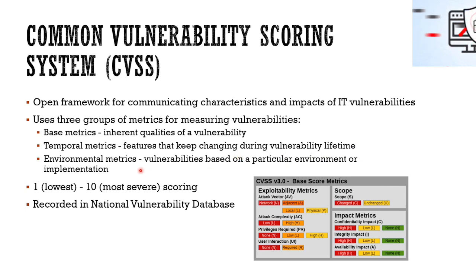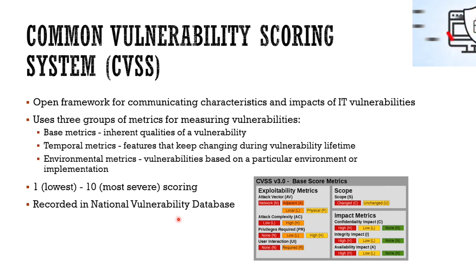This is based on a particular environment or implementation. You go from 1, which is the lowest, to 10, which is the most severe, and the National Vulnerability Database keeps track of this. So when I see a CVSS score of 9 or 9.5, I know this is really high up there, because 10.0 is as high as you get in terms of severity, how bad something is.